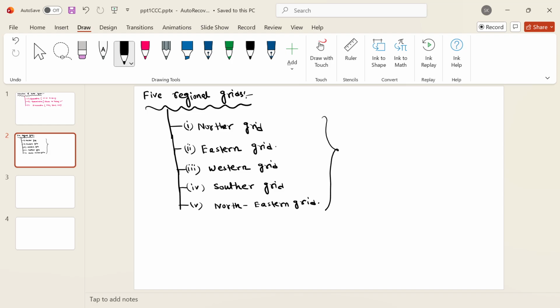They are all connected through tie lines, so you can say all are in synchronism. These five grids are interconnected through transmission lines, and they form a national grid once you connect them through tie lines or transmission lines.